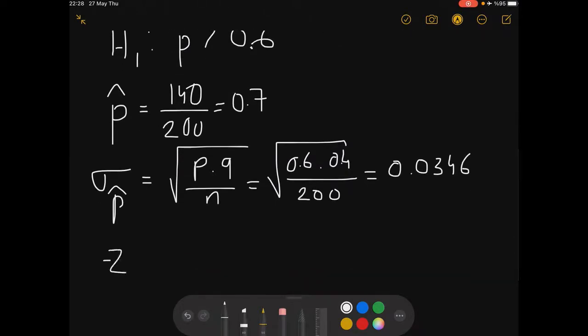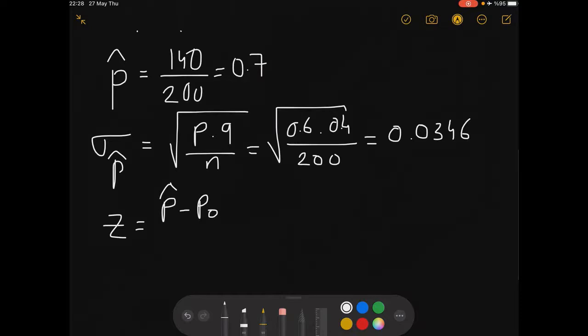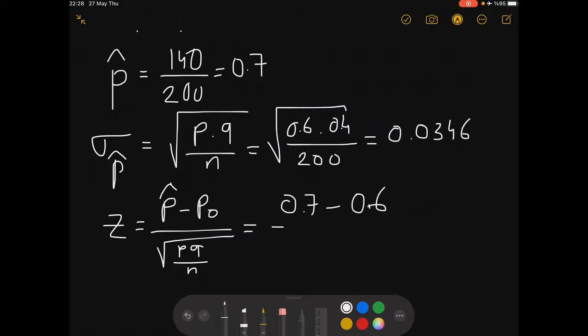And what is your z here? p-hat minus p0 over the square root of pq over n. So it would be 0.7 minus 0.6 over your sigma p-hat. Okay, this one.